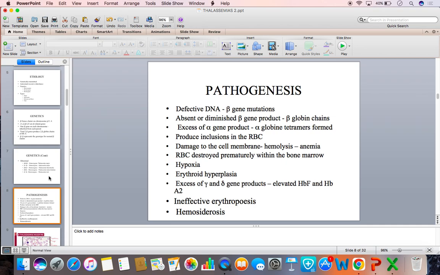The process of erythropoiesis will not progress to the formation of normal RBC. It will take longer time. And the RBC are destroyed within the bone marrow before they are released into the circulation. Okay? So prolonged stay of the RBC during the process of erythropoiesis results in microcytic anemia.